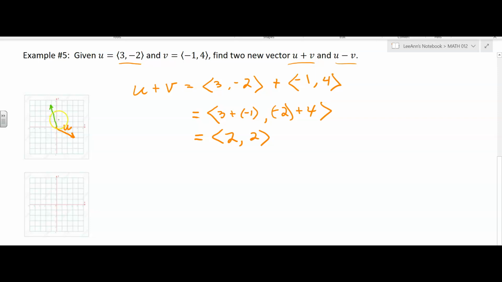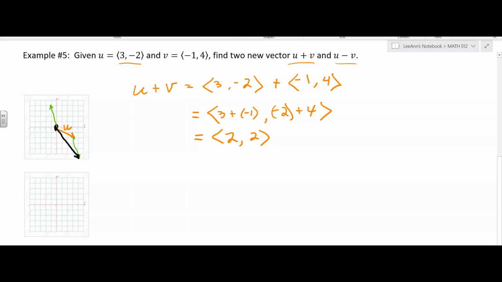So I'm going to have to flip it around. My tail's going to be here, and then I'm going to go 1 and down 4. So it'd be like there. The resultant vector is right here.